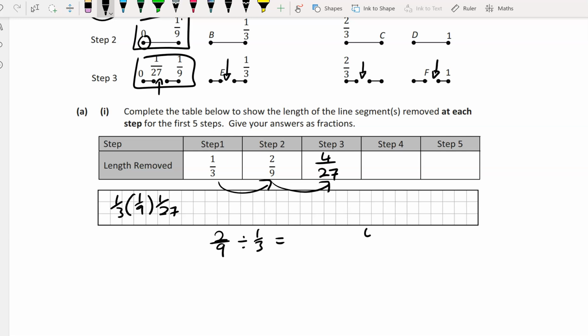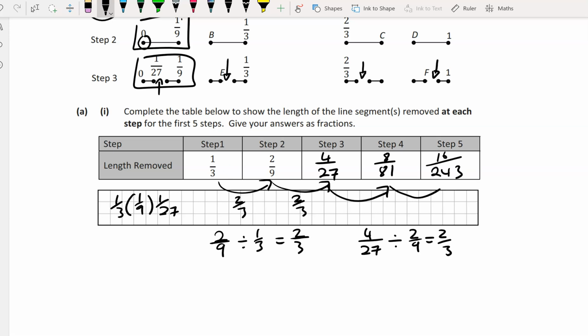Then check if that's the same as 4 27ths divided by 2/9. In both situations, you get an answer of 2/3. So we can see the common ratio is 2/3 each time. So continue on that multiplication: 2 4s is 8, 3 27ths is 81, 2 8s is 16, and then 243.